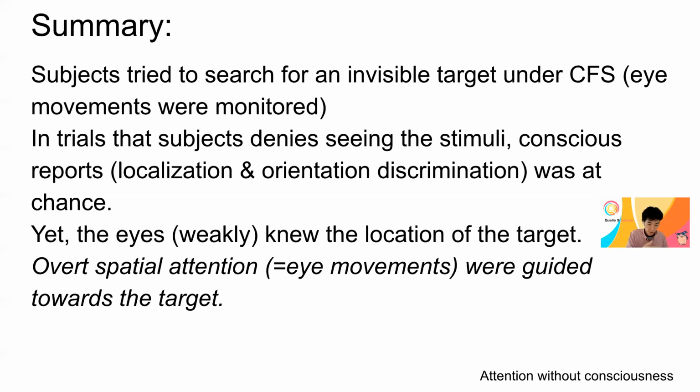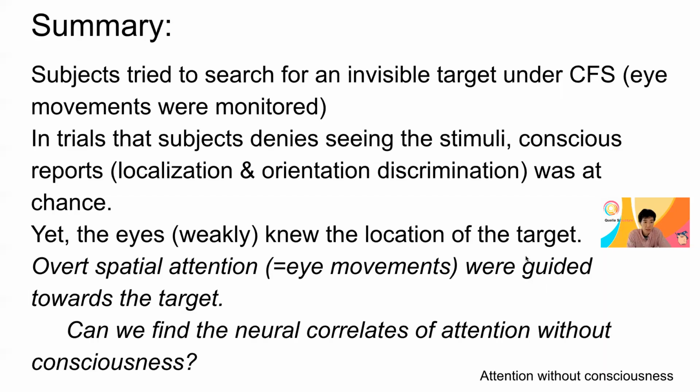This superior colliculus pathway, maybe, nobody knows right now, may be responsible for this residual attention during CFS, continuous flash suppression. So in terms of evidence, overt spatial attention, meaning eye movement itself, was guided towards the target. The final question is whether we can find neural correlates of attention without consciousness in this case. That's what we're going to take a look at next.